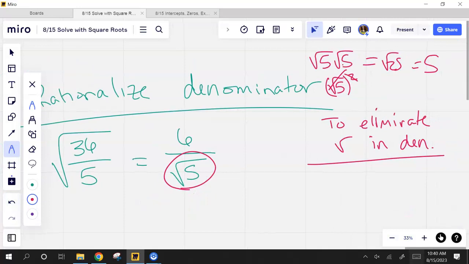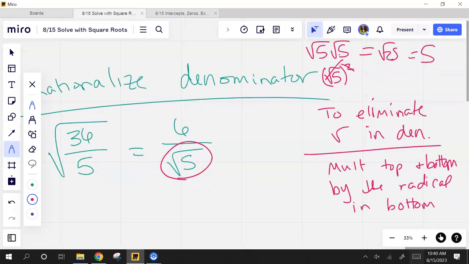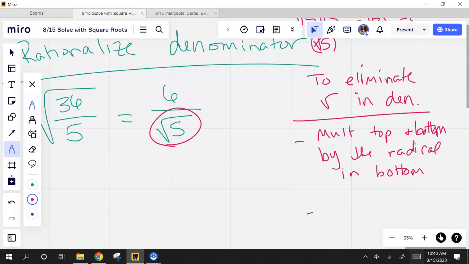I am going to multiply the top and bottom by the radical in the bottom. That's really confusing. I tried not to put denominator and numerator so many times so it'd be a little less confusing. And then, of course, I'm going to simplify because I always want to simplify.